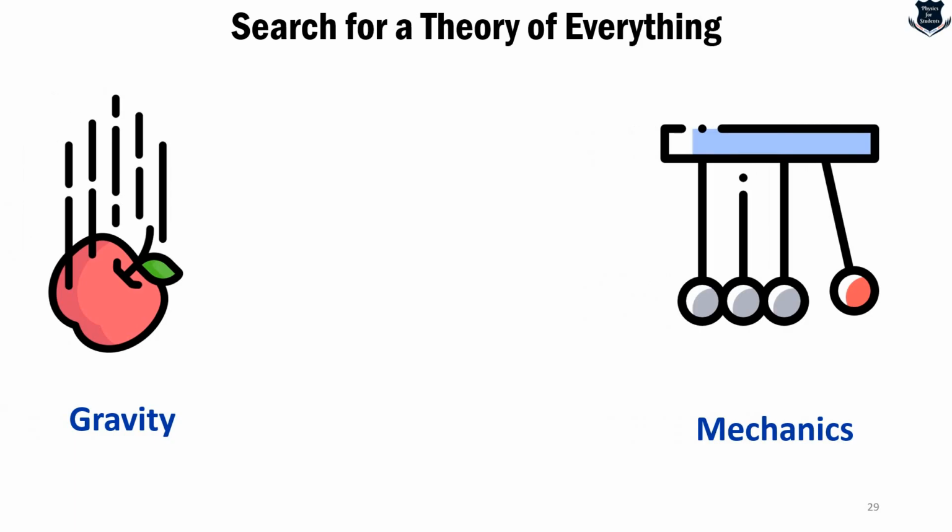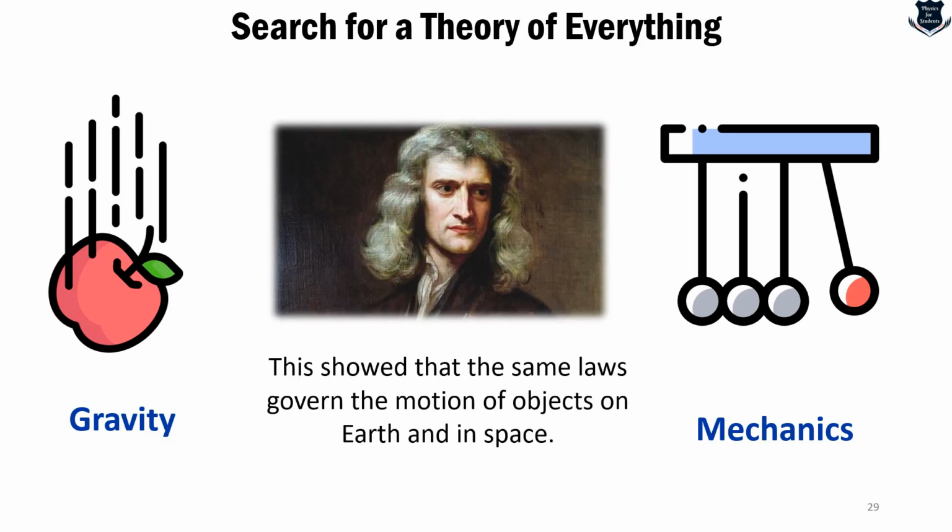So the first great unification was done in terms of gravity and mechanics. Sir Isaac Newton showed that the same laws that govern the motion of objects also govern things in space. This is what is known as the first great unification.